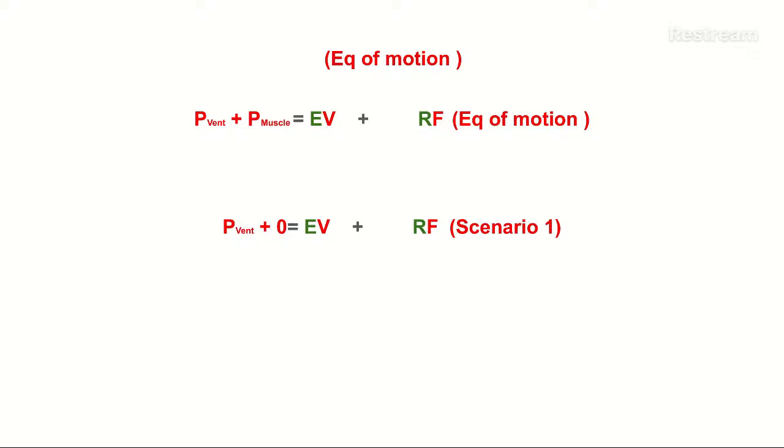Now imagine a scenario where you are ventilating a patient who is relaxed, meaning the muscles are not acting. It's entirely the ventilator on one side countering the same pressures, there is no muscle, and the equation would be something like this.